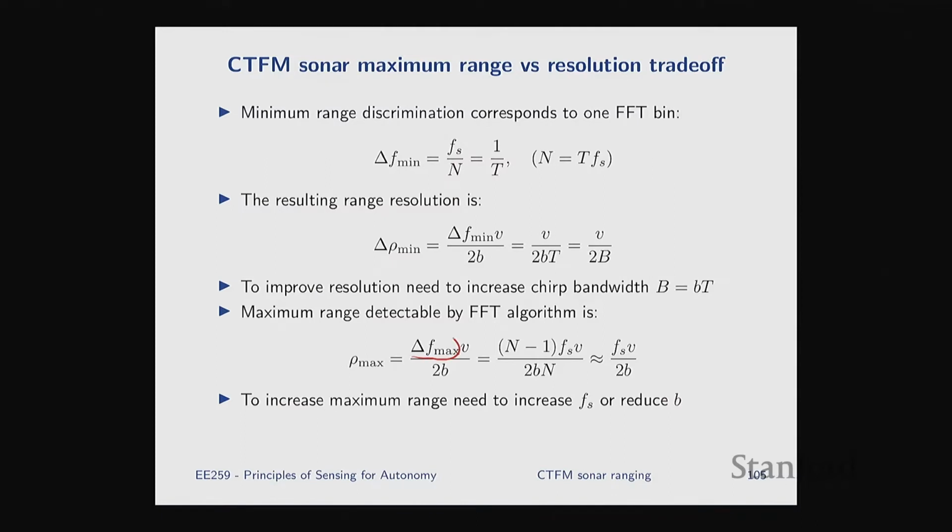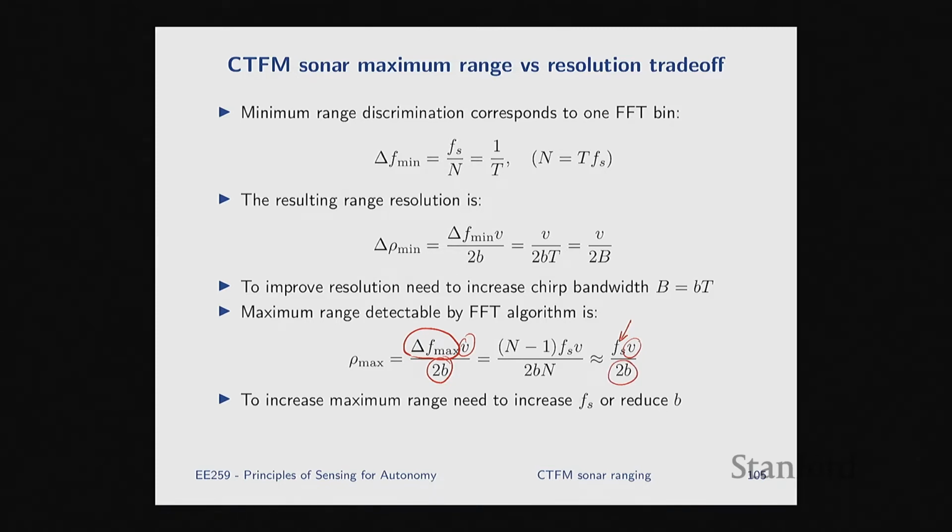What about maximum range? Maximum detectable range, again, as we said, is the maximum delta F that you can find in your FFT times the speed of sound divided by 2B. And what is the maximum delta F? It's almost equal to your FFT sampling rate. So you just get your FFT sampling rate times v divided by 2B, and that is your maximum range.